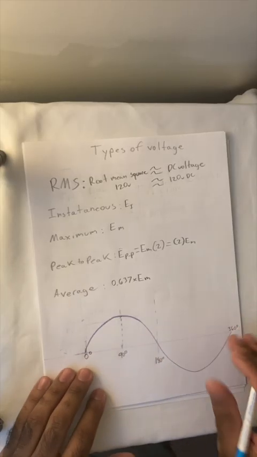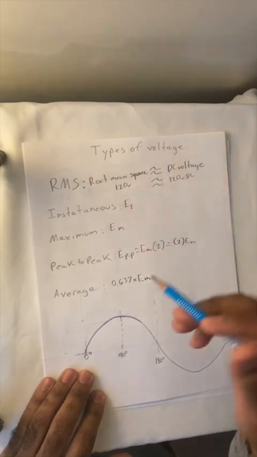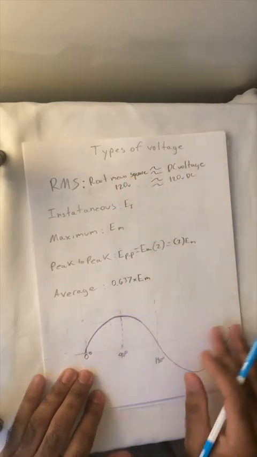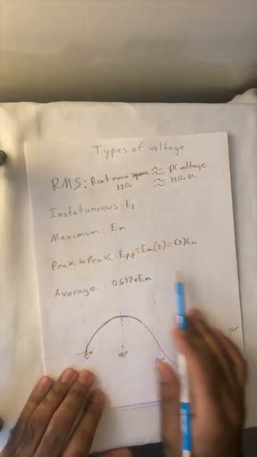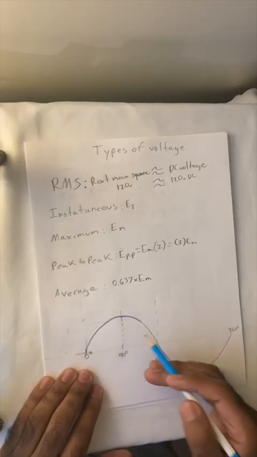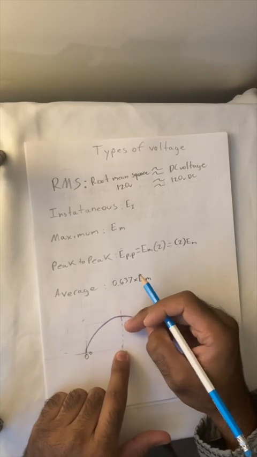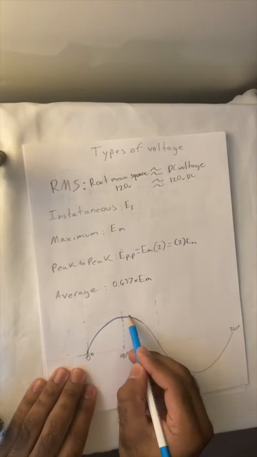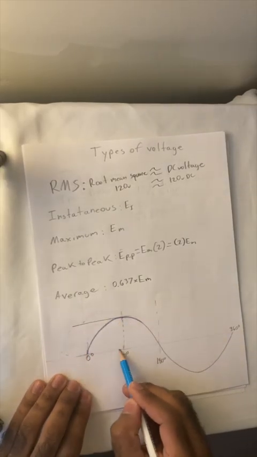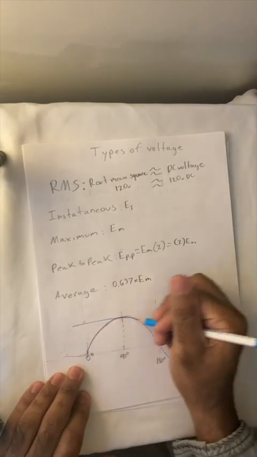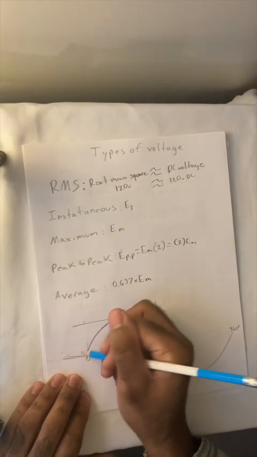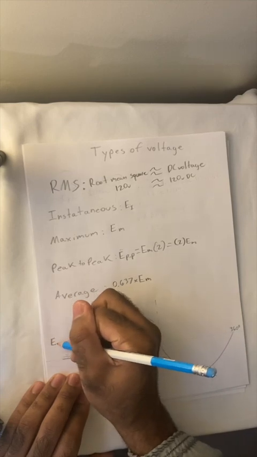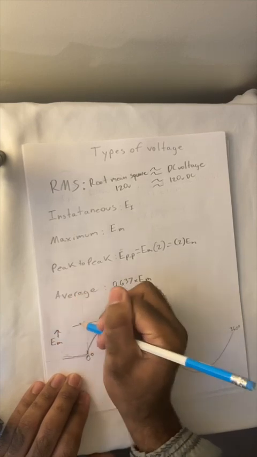So now I will draw out and label the different RMS, instantaneous, maximum, peak to peak, and average. Our maximum voltage is from here to here. That's clear. From here to here would represent our EM, or the Emax.